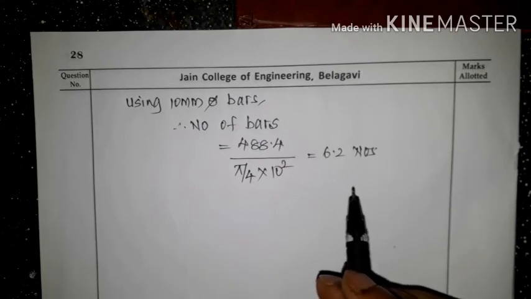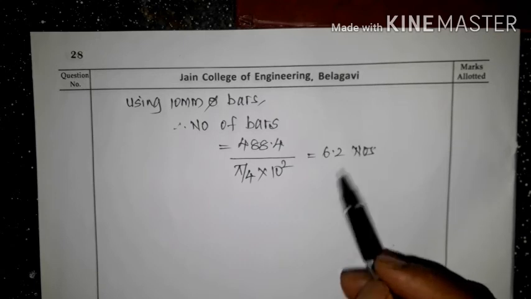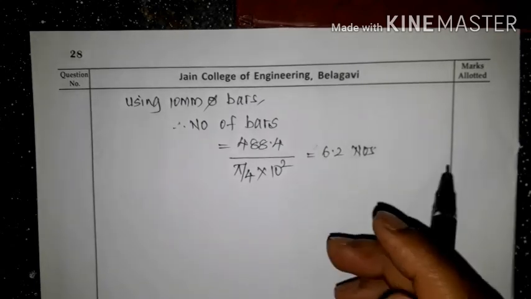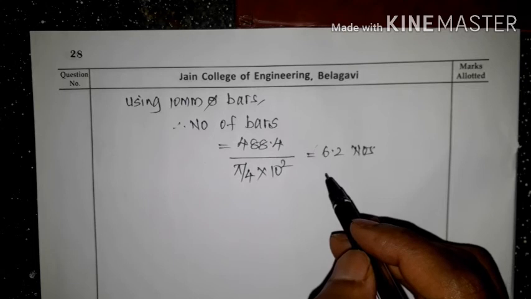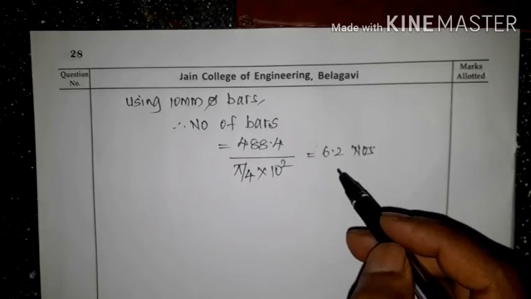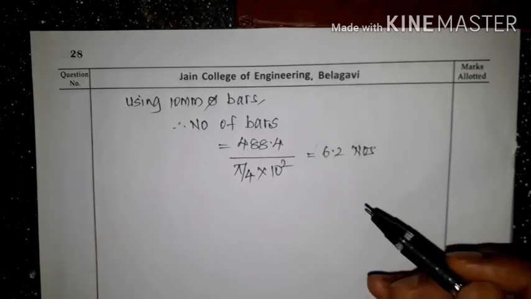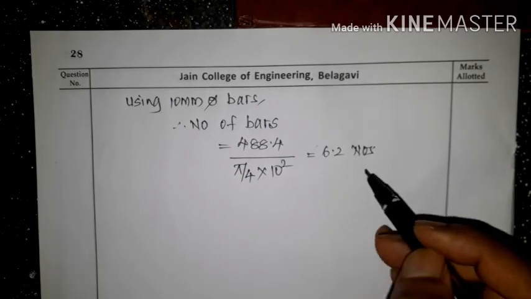So 3 plus 3 is 6, plus 3 is 9. So we have to provide 9 number of bars.